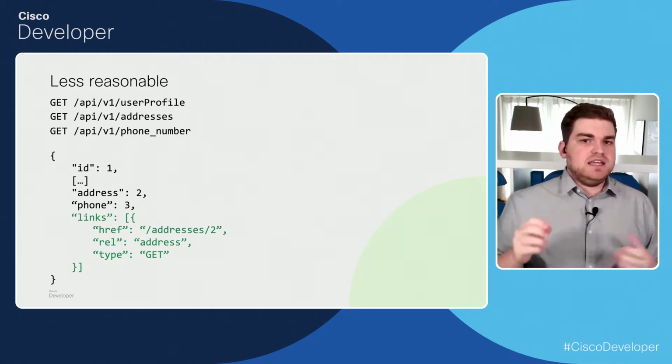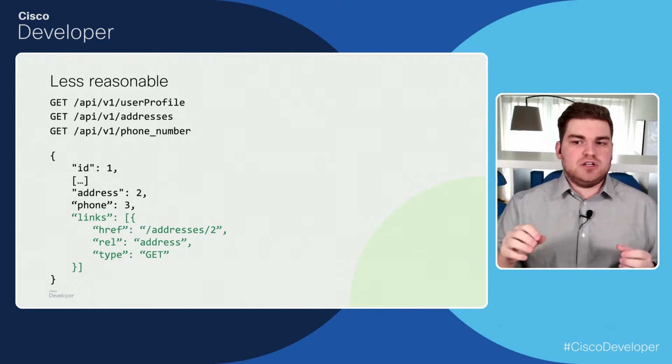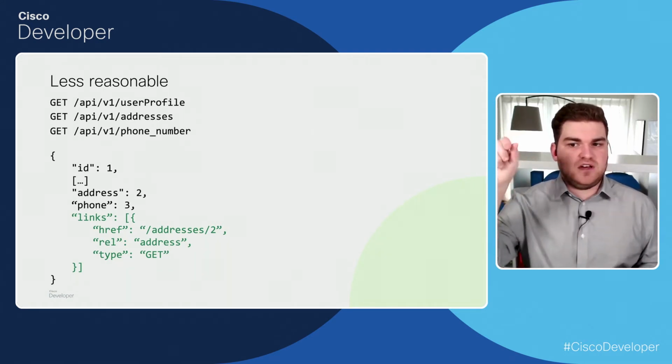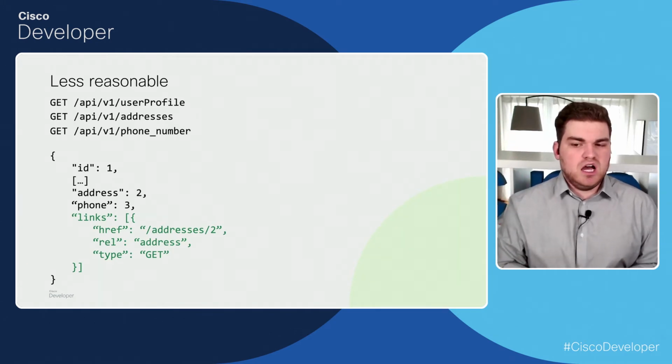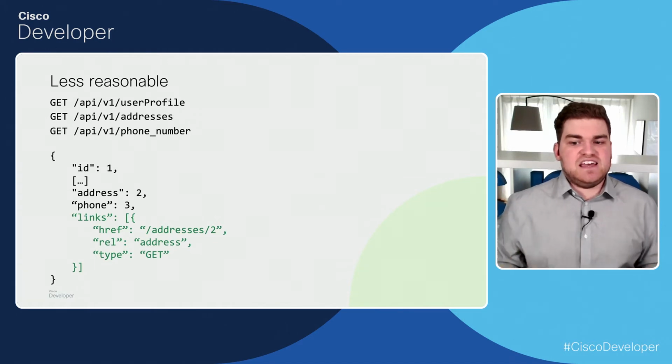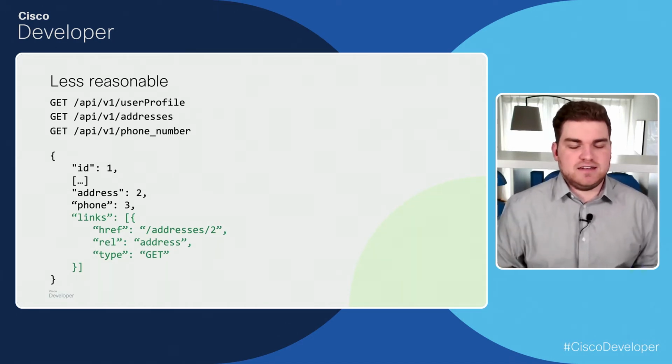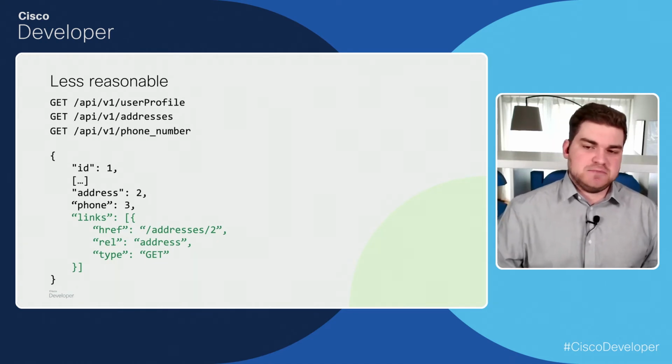Because instead of me now wondering what is the correct endpoint to look up the foreign key with the phone number, right? That phone maps now suddenly to phone underscore number. Well, I can just look at the links below and use that as a sort of way to navigate my way through the API, sort of as the intended idea behind HATEOAS, right?